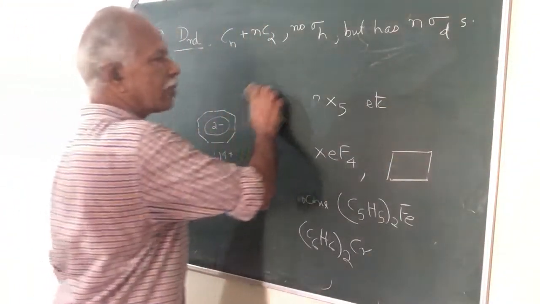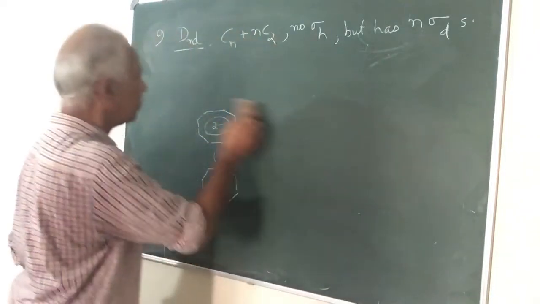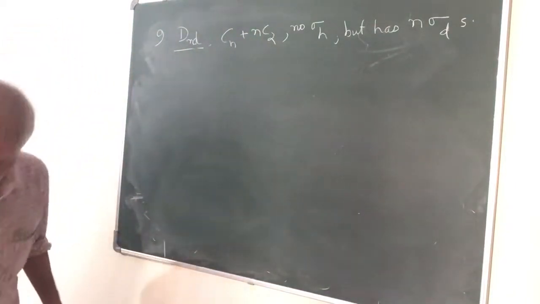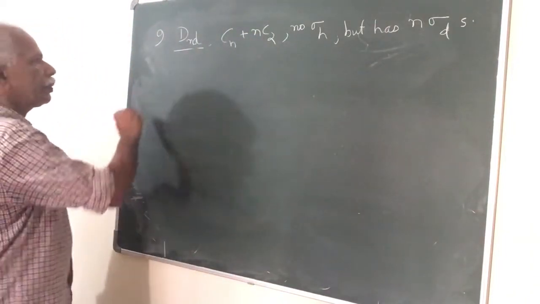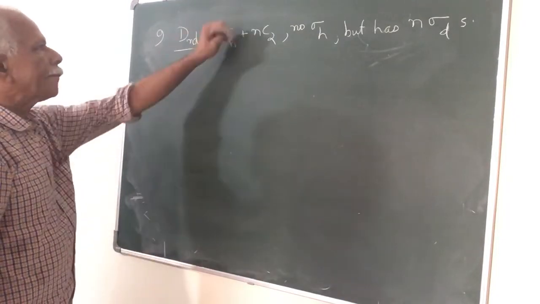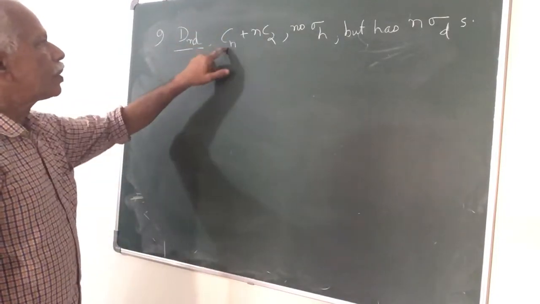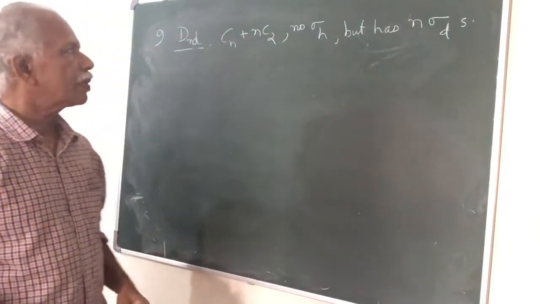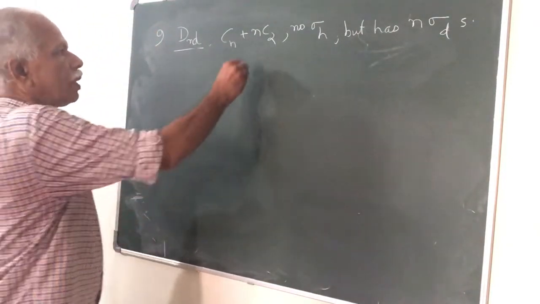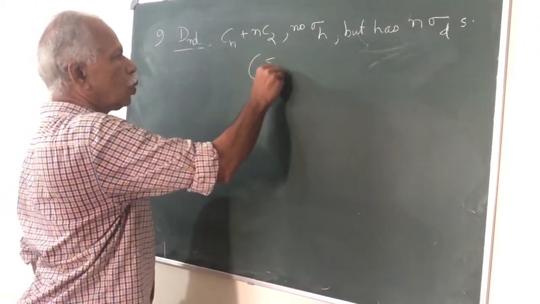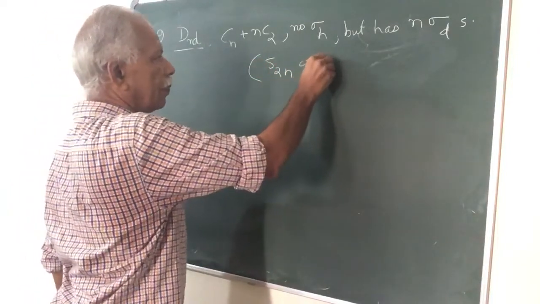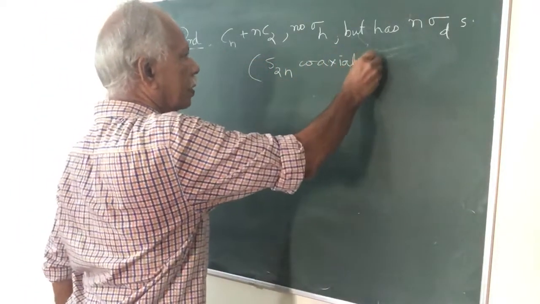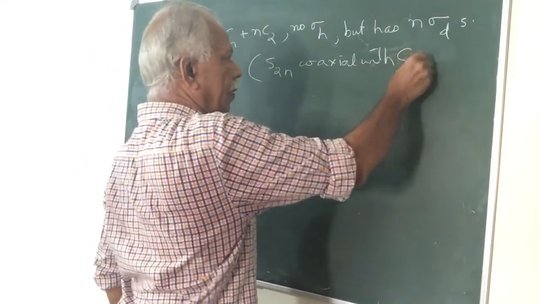Its vertical planes are called dihedral planes. And when there are dihedral planes, this also will contain an S2n coaxial with Cn.